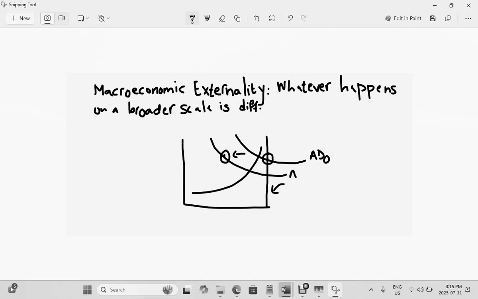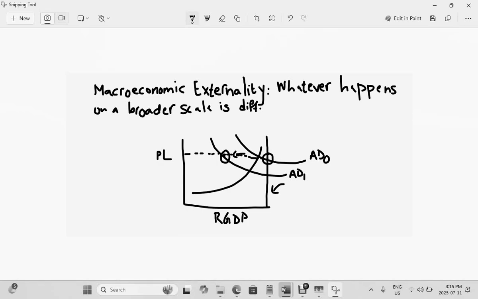At this new equilibrium the price level is the same, but the real GDP is reduced. So the price of goods and services on a national scale is the same, but the GDP goes down.